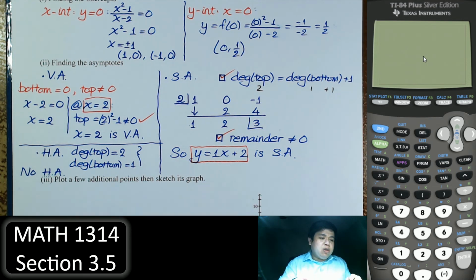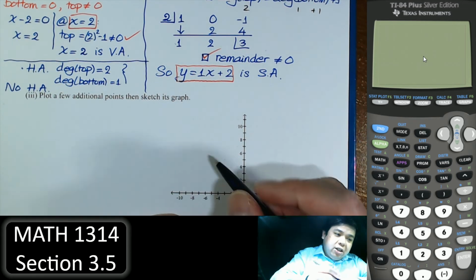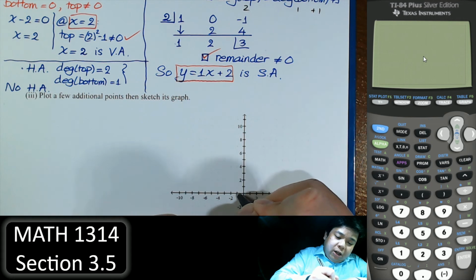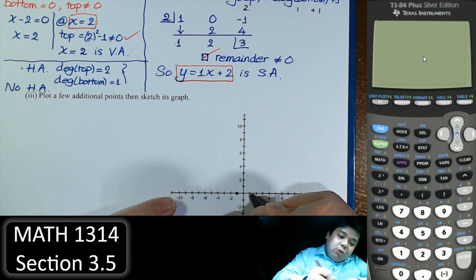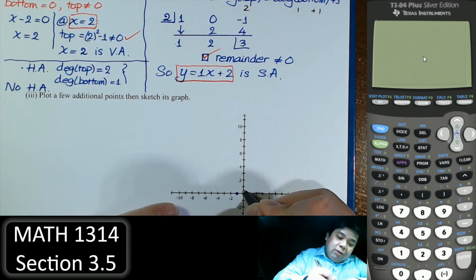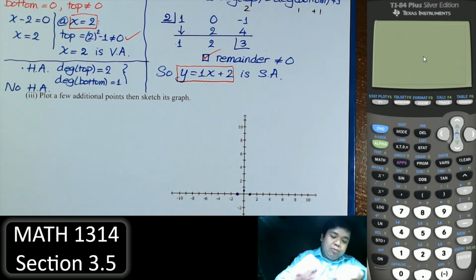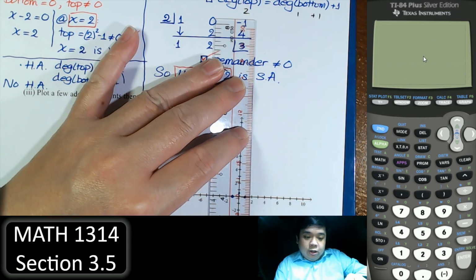Right, now just put all the information we know on the graph. So the intercept, x equal to 1, y equal to 0, x equal to negative 1, y equal to 0. So we have those two. X equal to 0, y equal to 1/2. We just have those. And the vertical asymptote, x equal to 2.